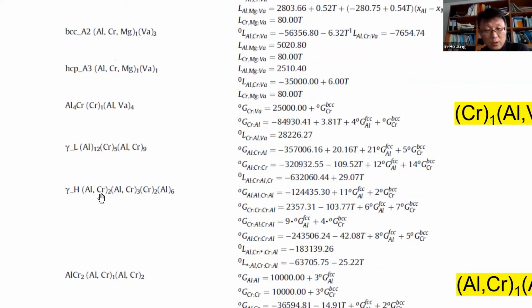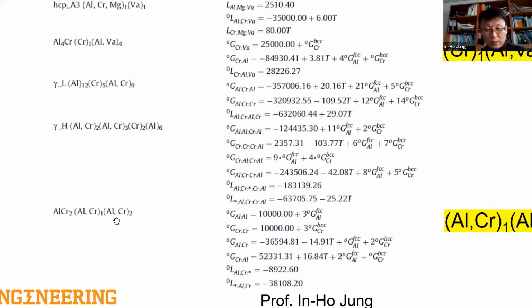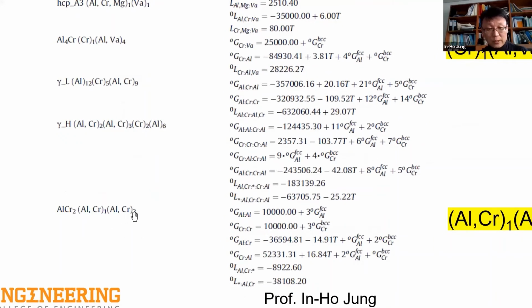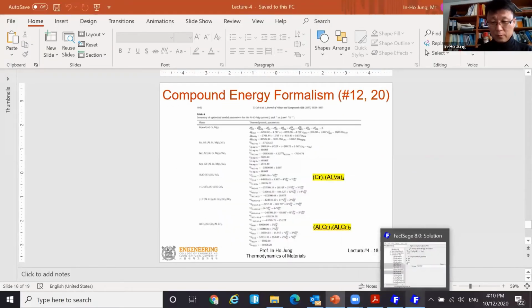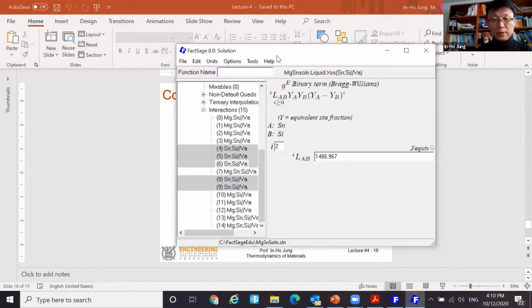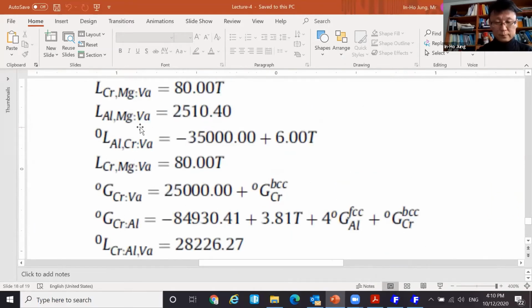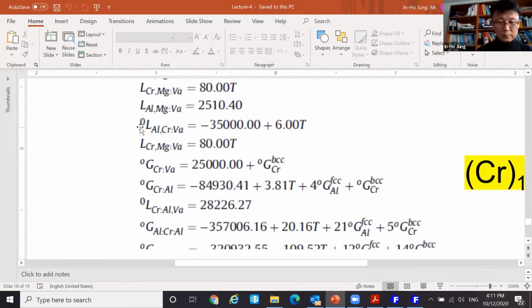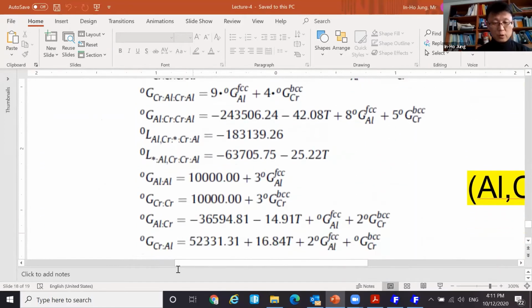Okay, so let's try to make this solution. This is again two sublattices. Yeah, let's try to make the last one, the AlCr2 solution. So now let me open my Eclipse file here. So the aluminum chromium solution.